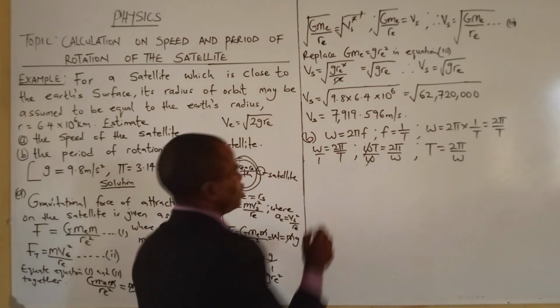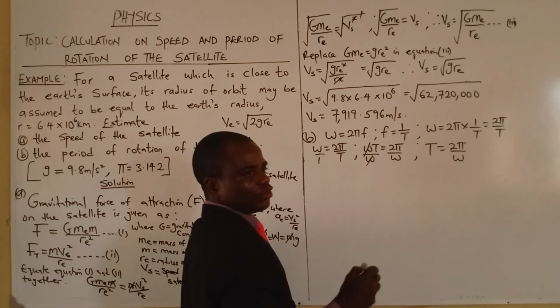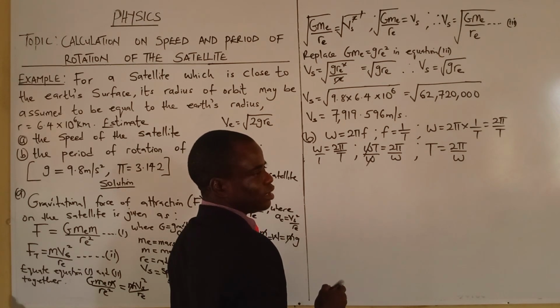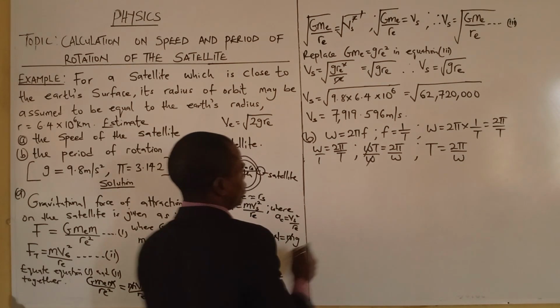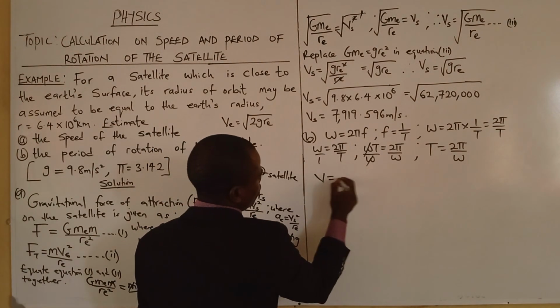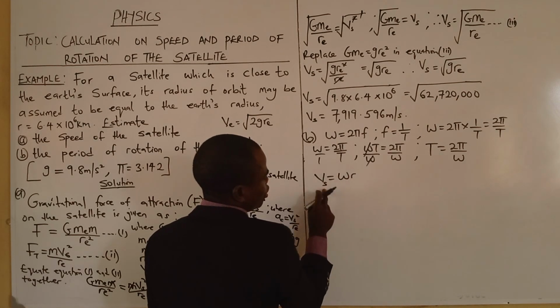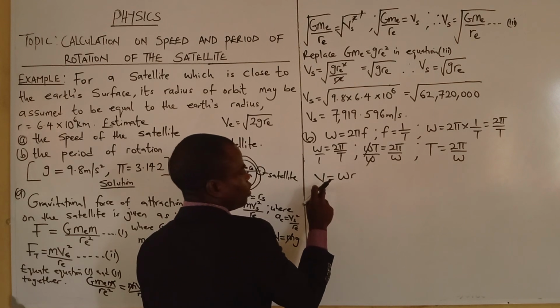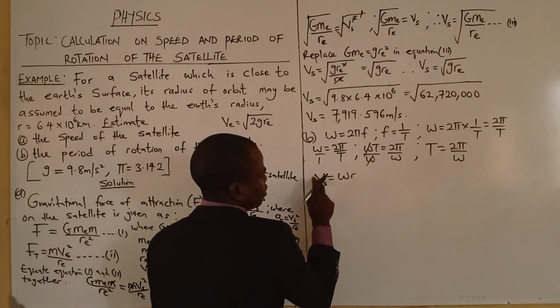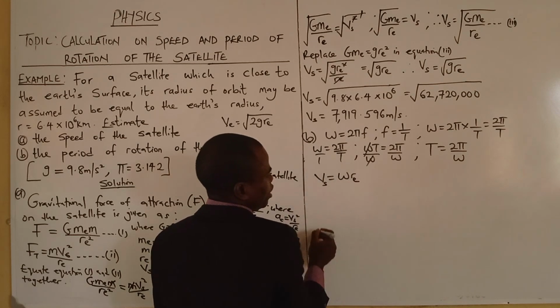And don't forget that the relationship between linear speed and angular speed is V equals WR. Let's call it the speed of the satellite, and also the radius of the Earth.